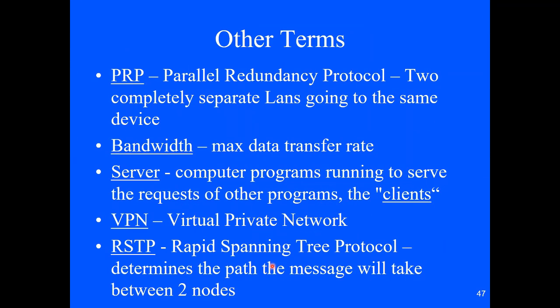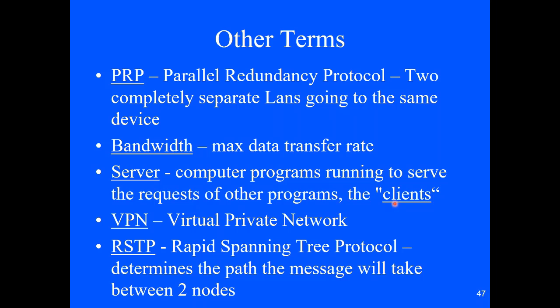Some other terms I've already talked about. PRP, that stands for Parallel Redundancy Protocol, where I can have two separate LANs go into the same device. Bandwidth is how fast it transfers that data. A server is a computer program running to serve the requests of clients.